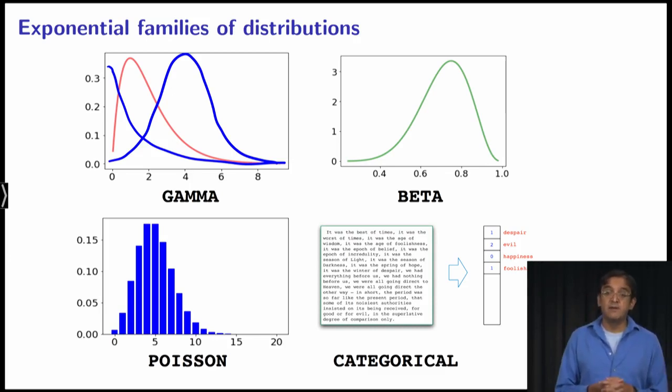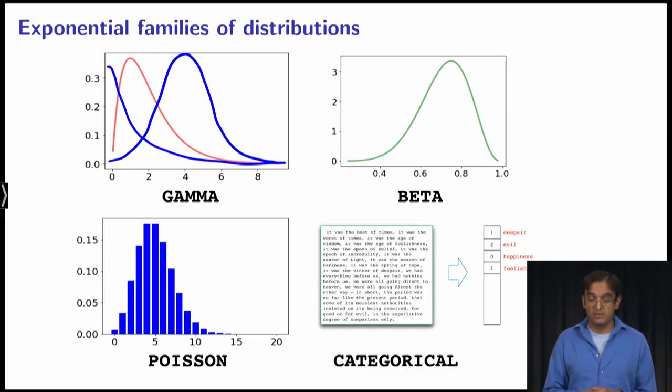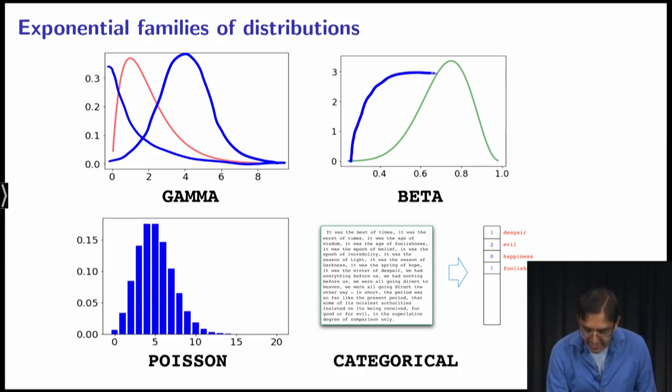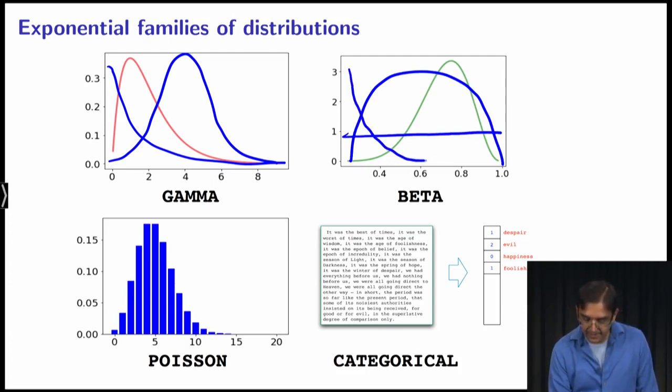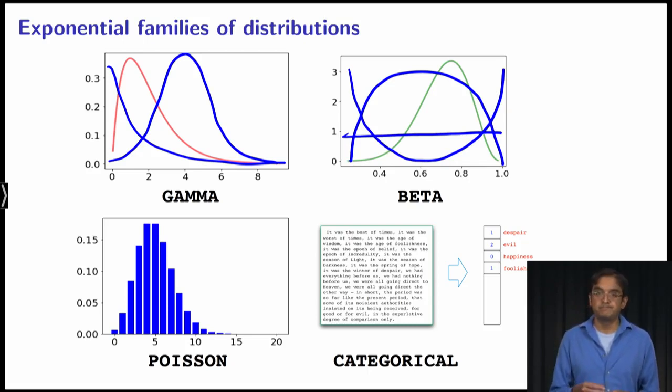In this case, a very common choice would be the beta distribution, which is shown over here on the upper right. Like the Gaussian and the gamma, it's specified by two parameters, and it also takes on a variety of different shapes. So it can look like this, or it can look like an upside down bowl, or you can get something like a uniform distribution, or you can even get something like this. Very useful.